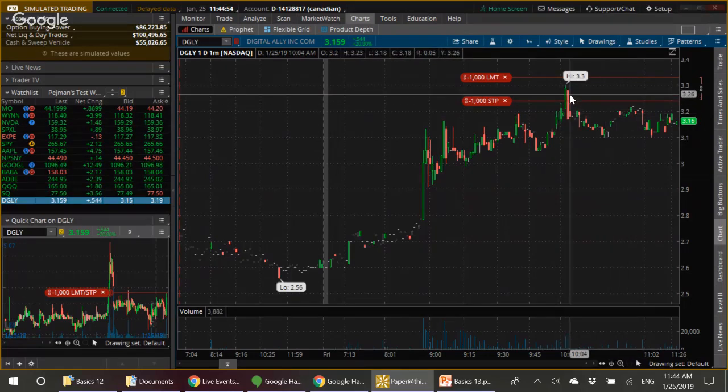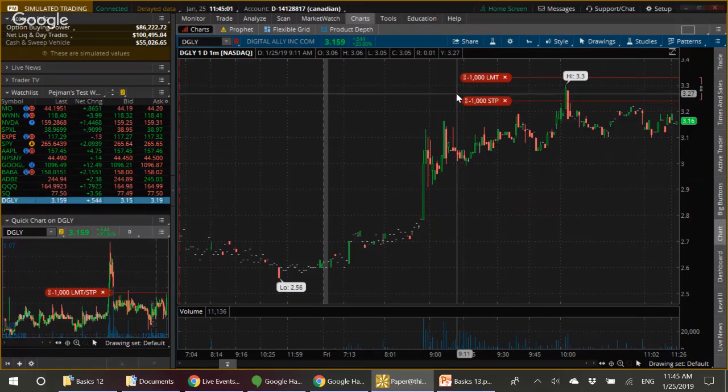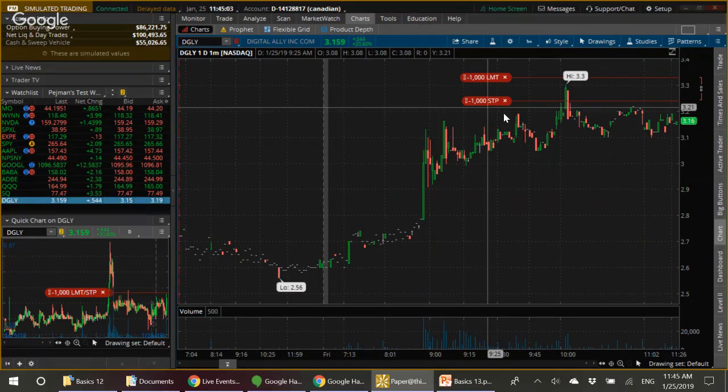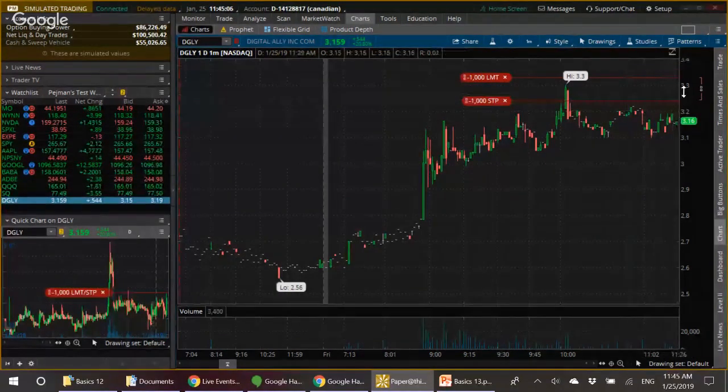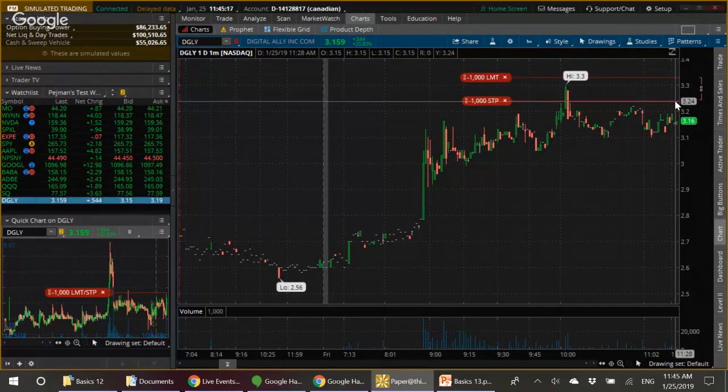Anyways, if it didn't get executed, you just saw the green line and the green mark here, which showed my point of entry, and now it will fall between these two brackets. If it explodes above this, it's going to hit this line, and I will take profit. If it goes down, it'll hit this line, and I will incur loss.